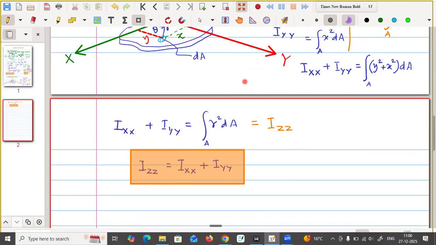In some books, it is denoted with capital J. That is polar moment of inertia.